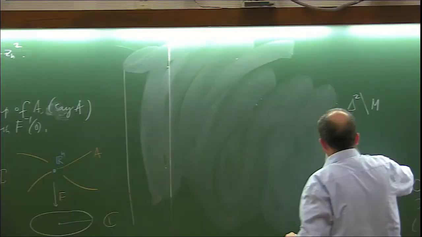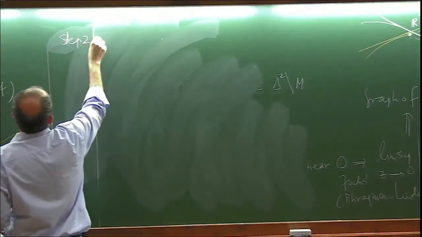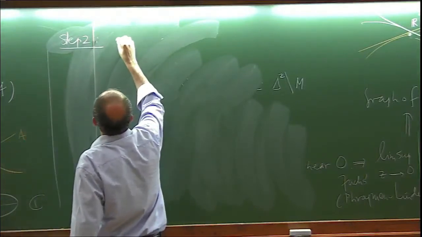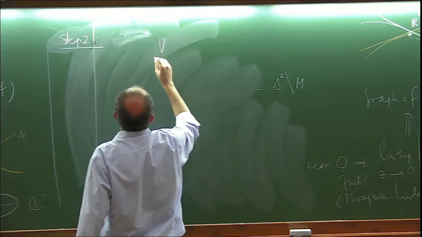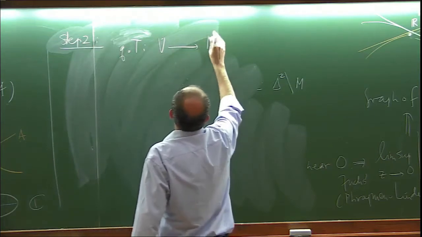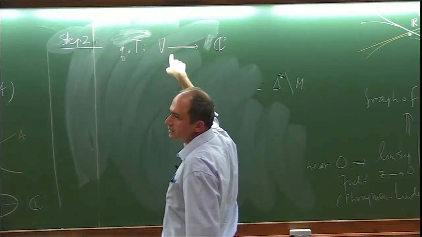So step 2 is to show the multiplicity. So now the picture is, you have Q composed with capital T to C, right? The pullback of the sum of squares to be here.